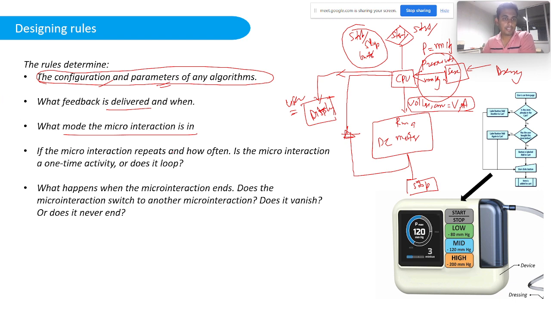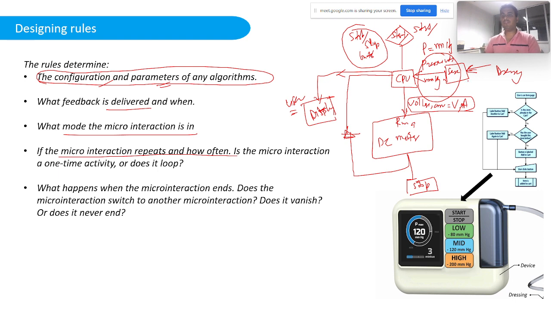If the micro interaction repeats, how often? Rules also determine how often specific interactions repeat. For example, reading the sensor value: at what frequency will the CPU read the sensor value? For this particular system, if the CPU needs to control the motor running condition, it needs to provide the control after some time interval.